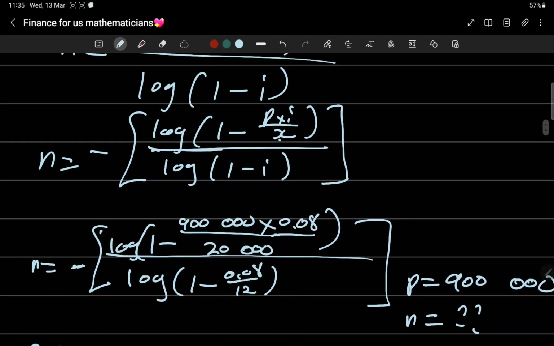Okay, there's a mistake here. I is 0.08 over 12.